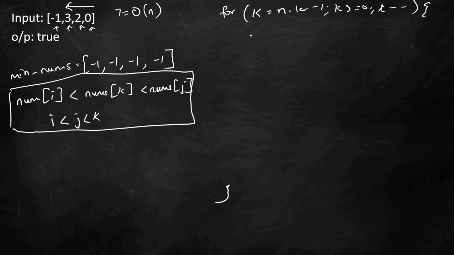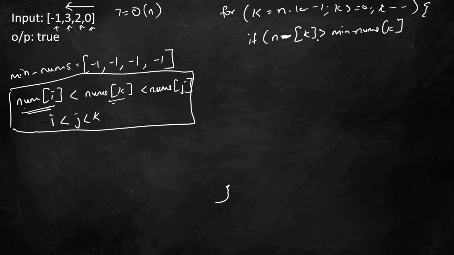So what we can check is, since we have the min nums value, min nums is nothing but this nums of i condition that we are replacing with min nums. So here I can check whether my nums of k is greater than nums of i, which is min nums of k.